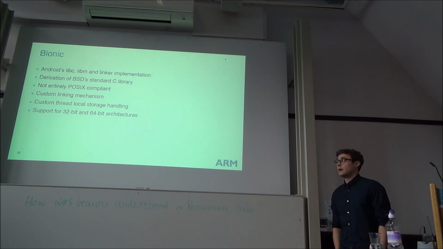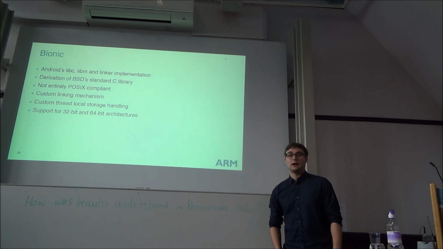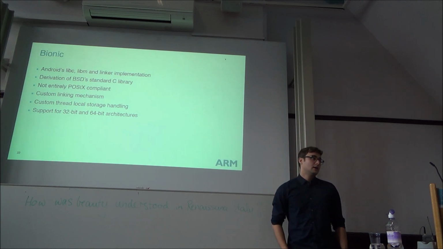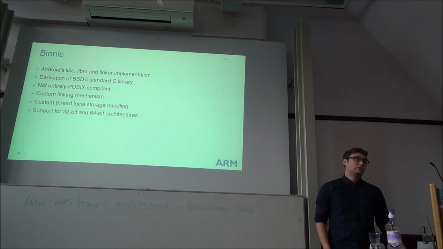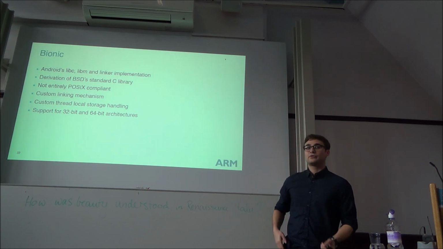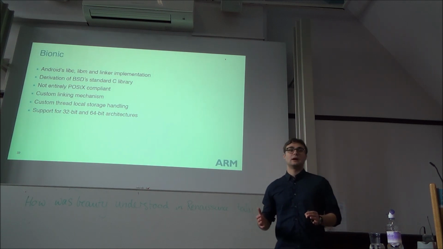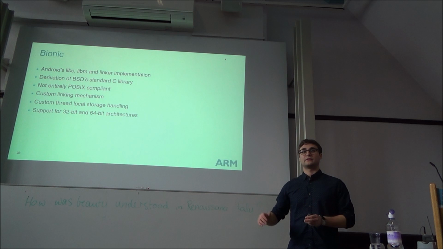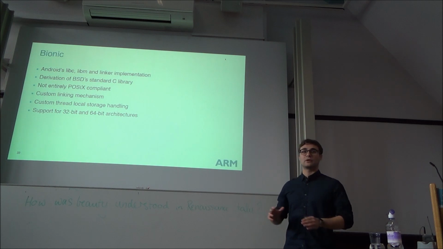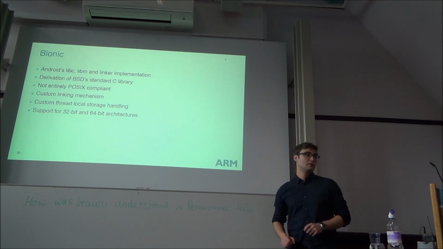So Bionic is Android's libc, libm, and linker implementation. It's a BSD derivation, similar to what BSD does as a standard C library. It's not entirely POSIX compliant. POSIX is basically a standard for Unix operating systems that enables the same application you have on your Linux laptop to work on your Mac laptop.